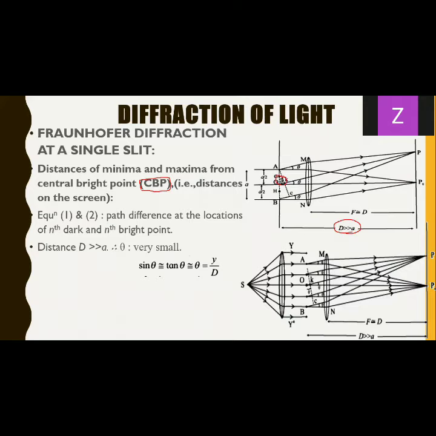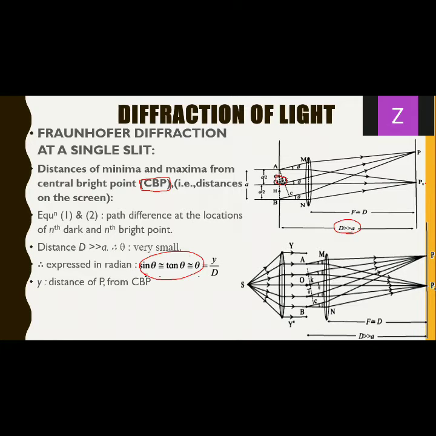So for this application, if we consider it in radian, we know that sine theta is approximately equal to theta, or tan theta is approximately equal to theta, which we can consider as y upon D. अभी ये y कौन है exactly? Y is the distance of point P from CBP.